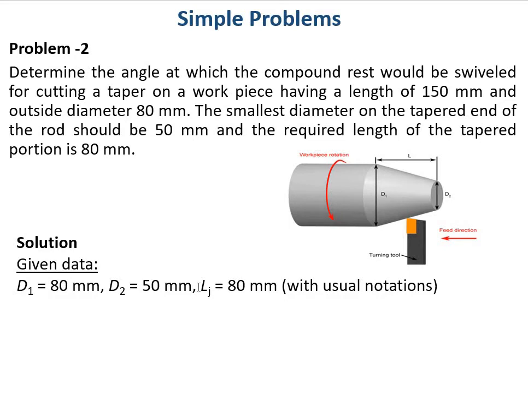The length to be taper turned is 80 mm out of the total length of 150 mm. This is important to keep in mind while solving the numerical. So with the usual notations, we have D1 80 mm, D2 50 mm, and length of the job 80 mm.